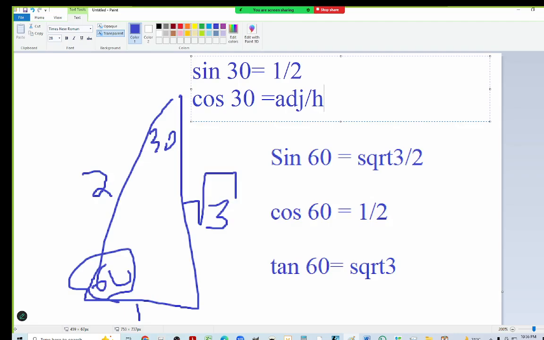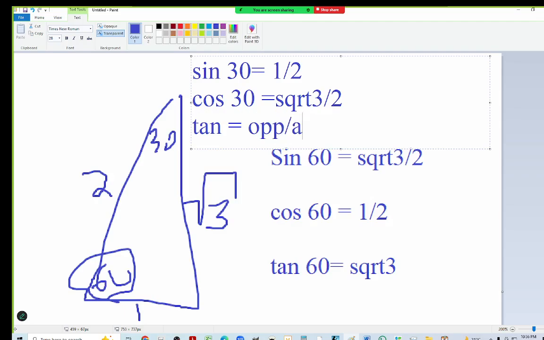It's square root 3 over 2. You got it. Finally, tan. Opposite over adjacent. 1 over square root 3. You got it.